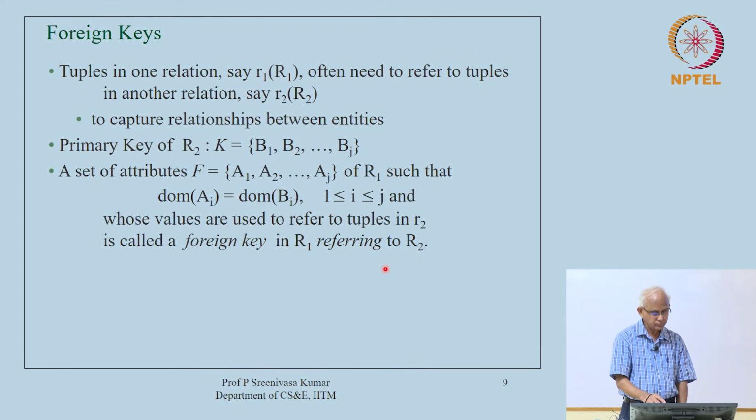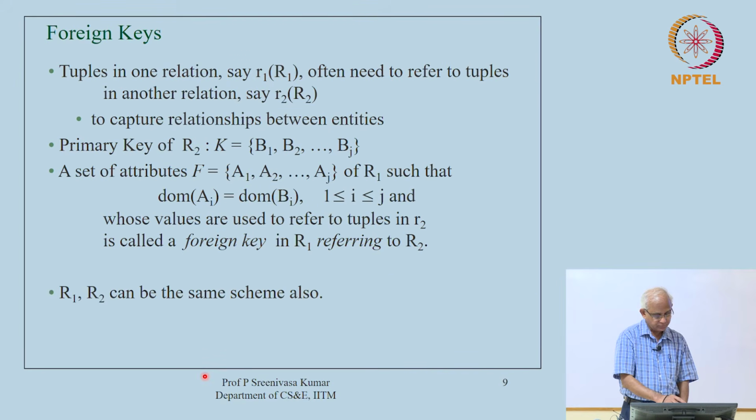Now, the one little twist here is that R1 and R2 can be the same scheme also. Sometimes you may use some set of attributes to refer to the tuples in the same relation. I will show you some example of that a little later.